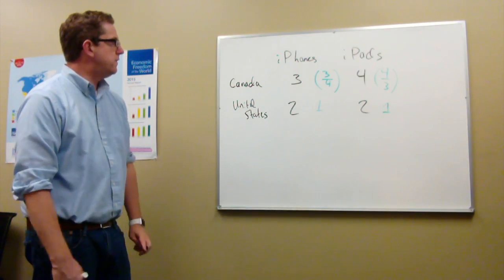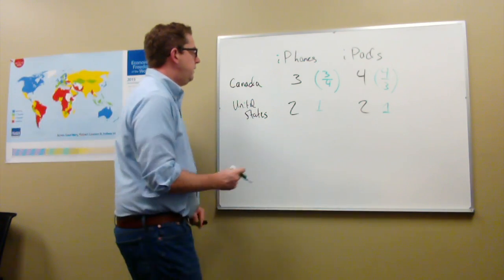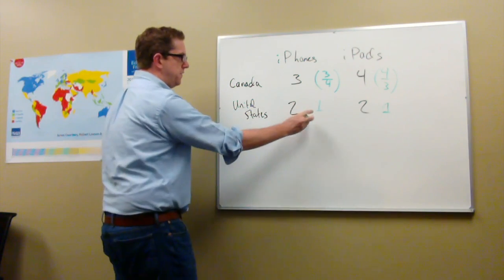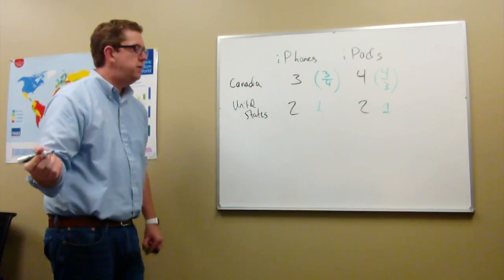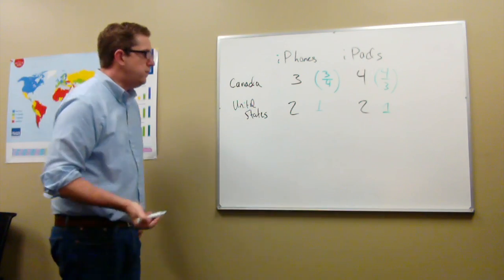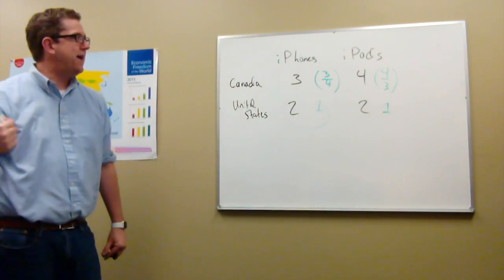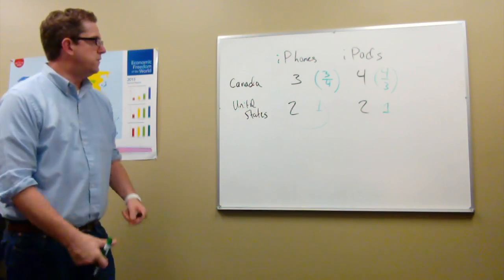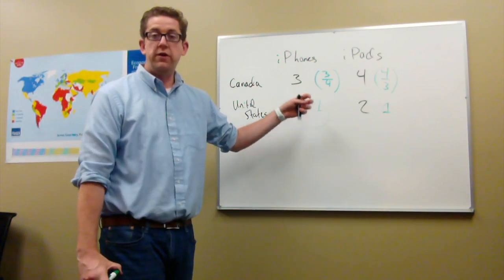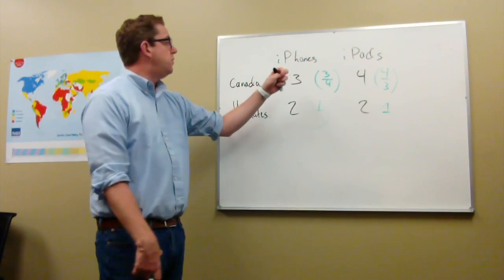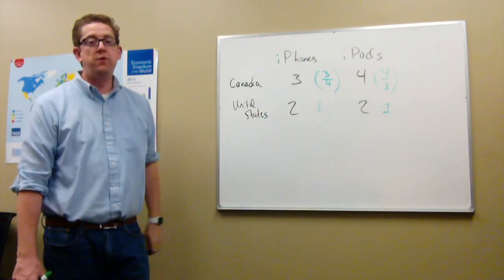In the United States, the opportunity cost of producing an iPhone is actually higher than it is in Canada. So the US is actually the high cost producer of iPhones, because each iPhone costs Americans 1 iPad. Each iPhone only costs Canadians 3/4 of an iPad.